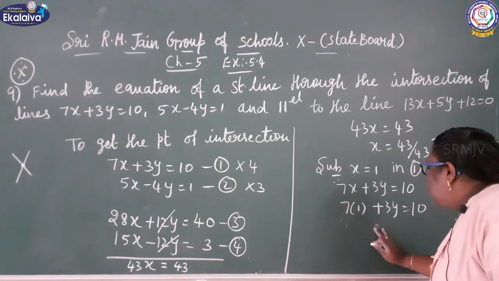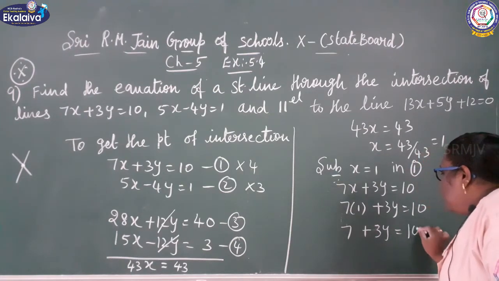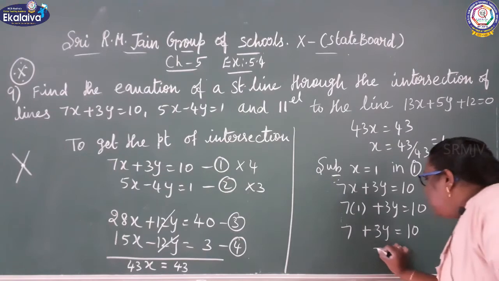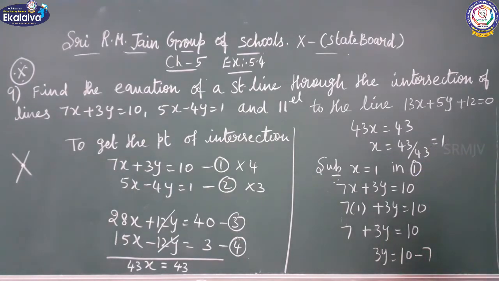So 3y equal to 10 minus 7, bringing the 7 to the right hand side. 3y equal to 3.